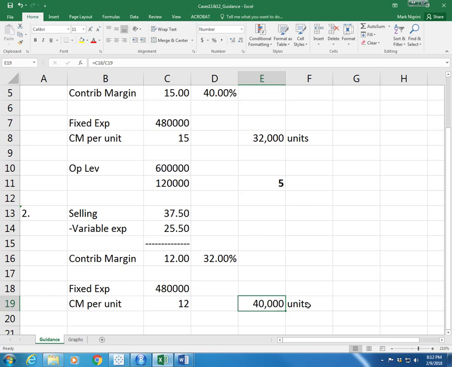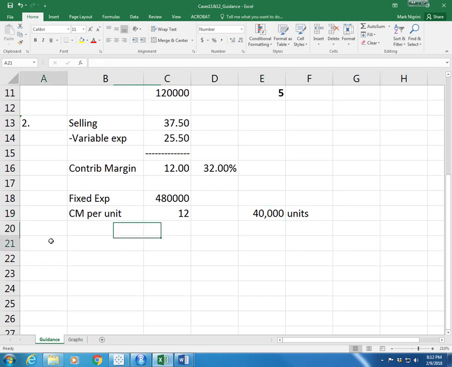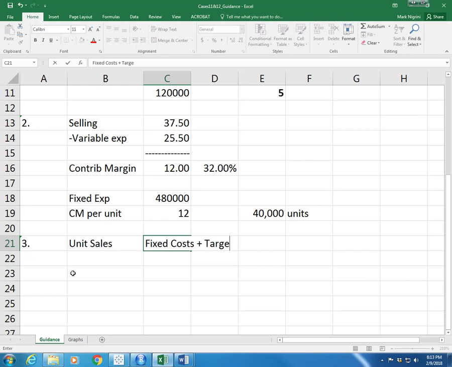Number 3, if the expected change takes place, this is not good news, variable costs going up. How many skateboards will have to be sold to earn the same operating income? So we go here, this is number 3. So I'm going to use my old favorite formula, unit sales, and this is actually going to be fixed costs plus target profit.